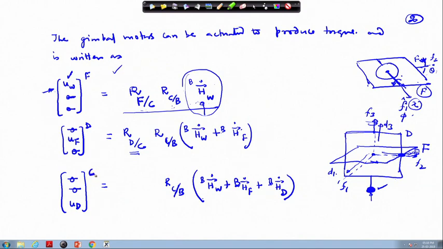U d is in the C frame. So, we need only to convert till the C frame, because this torque is applied along the C 3 direction. This is the C 3 direction we have chosen, and C 3 is a frame which is fixed in the satellite body. So, only one conversion is required and we get this equation.